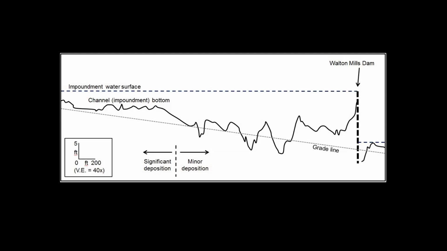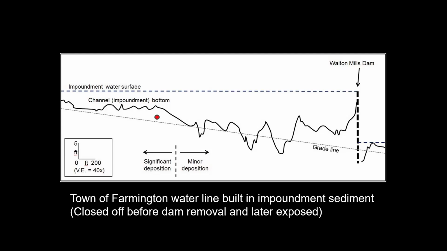when the dam was removed. Now, adding to the complexity here, this dam had been around for centuries, at least one. And much later, the town of Farmington built a pipeline through the impoundment sediments. There was concern that with the incision and establishment of a grade line, that water line would become compromised.